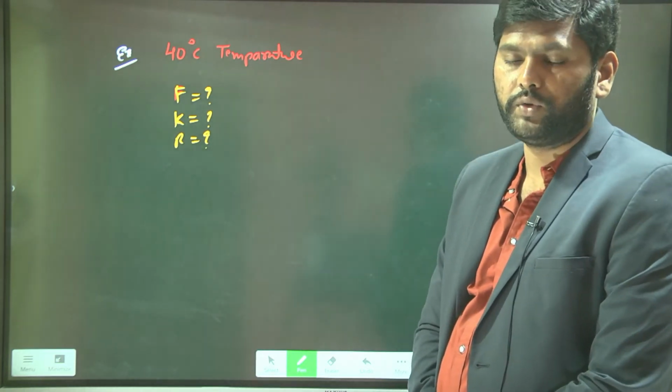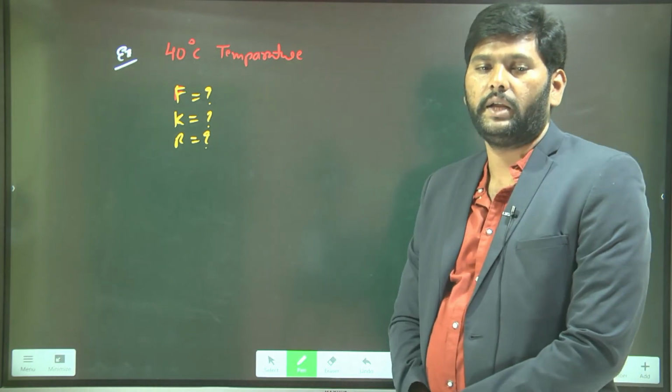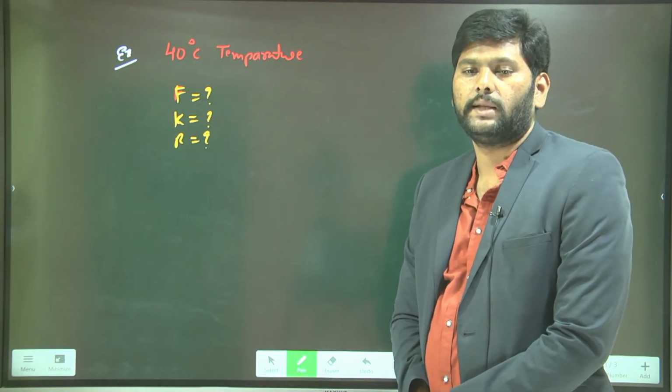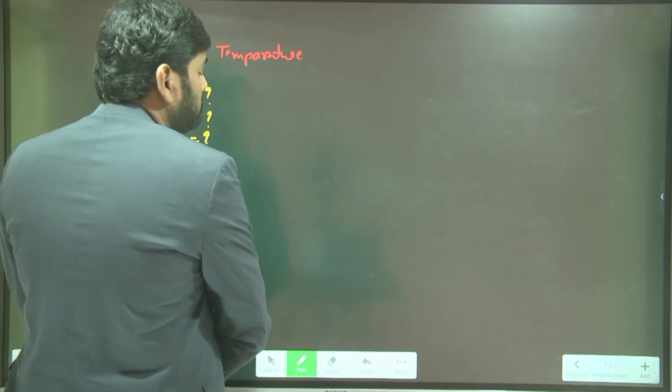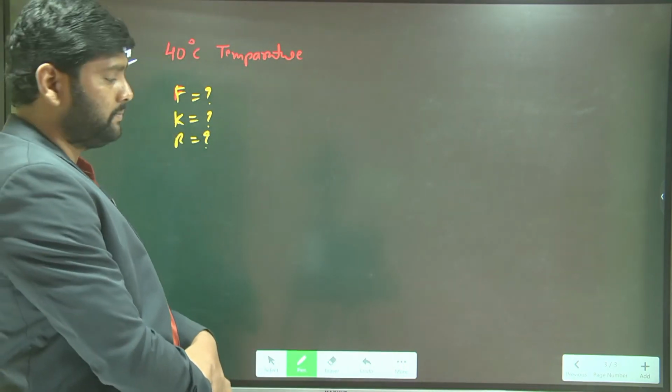Which formula will we use to convert this 40 degrees Celsius to the other scales? Just now I have given the formula.